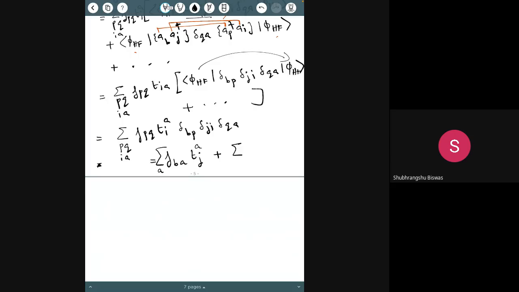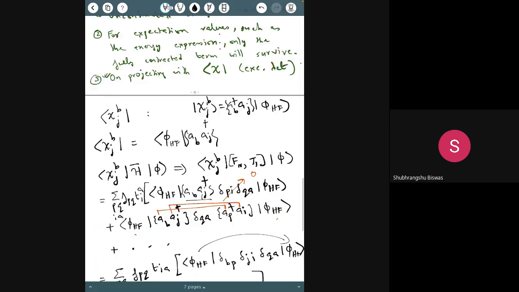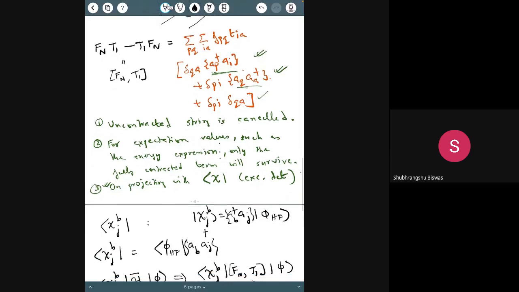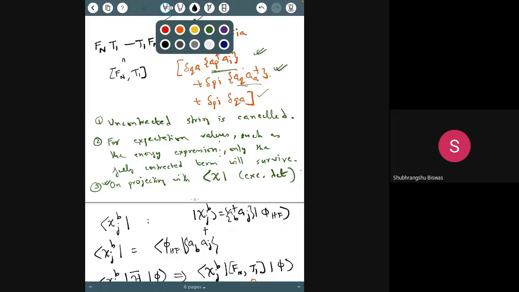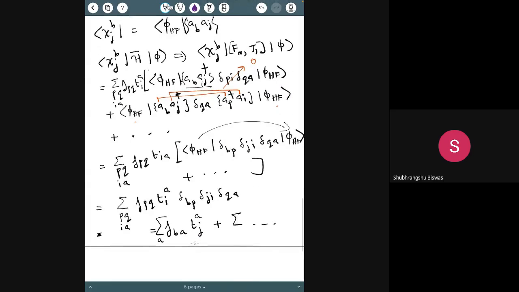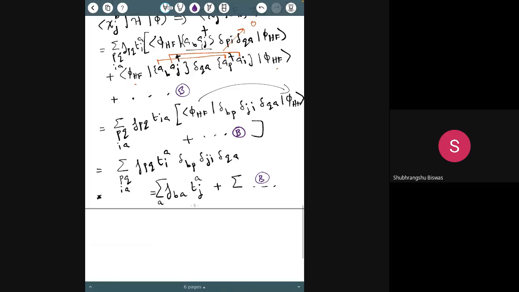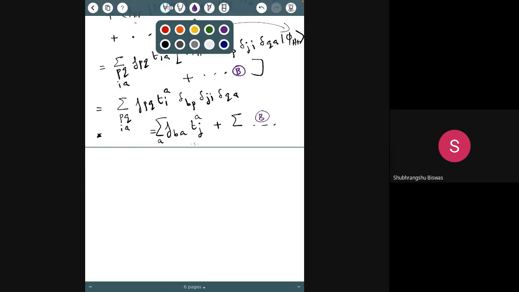So we simplified our expression to a single term, and there will be one more term here. You can take that as homework, to evaluate the second term using this. So let me write this, B, B, so that you don't forget that there is a second term.